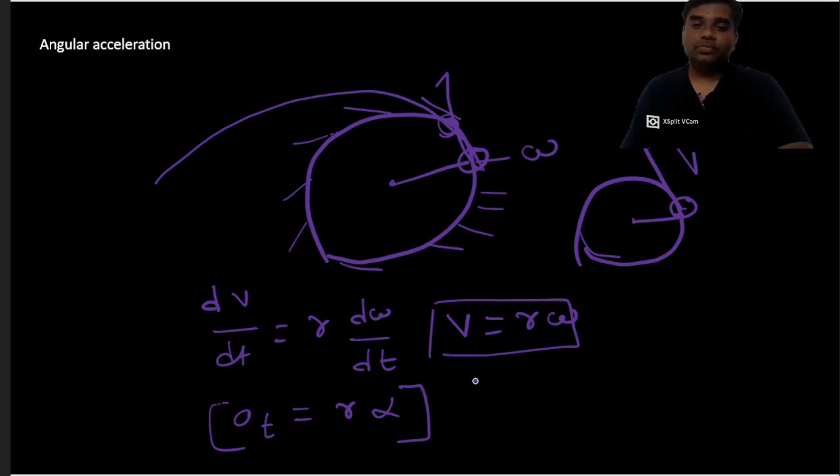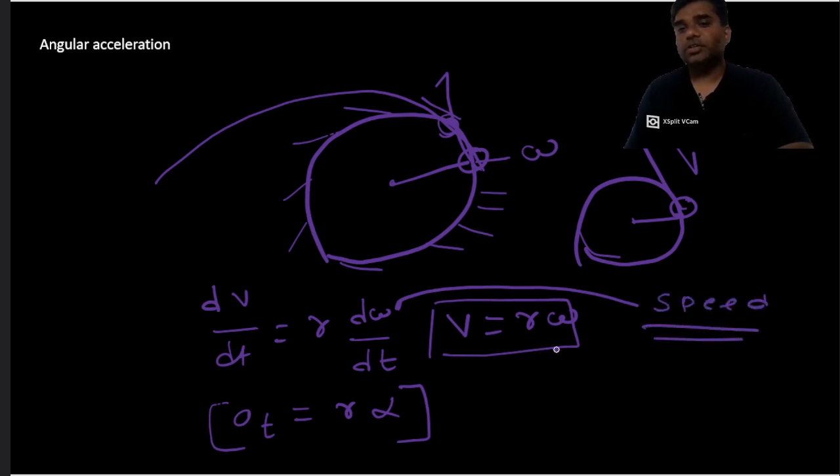Now this alpha totally depends upon the changing speed. We have to remember this. If speed is zero, that means omega is 0, then you can write a_t is equal to 0.